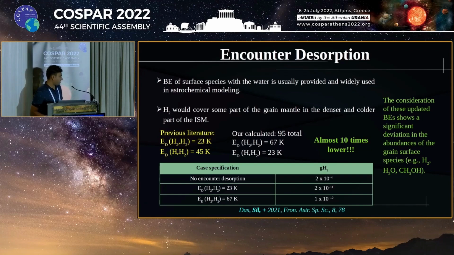When we consider 67 Kelvin, the grain surface abundance increases to 10 to the power minus 10. We also checked other molecules like H2O and methanol, and found that grain surface abundance increases when considering our calculated binding energy on the H2 surface.